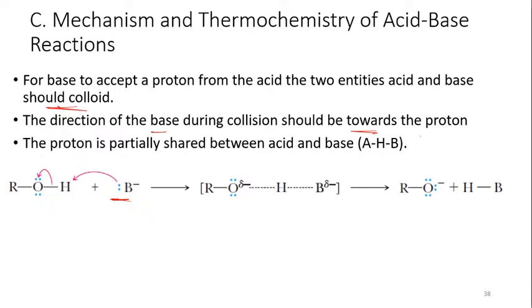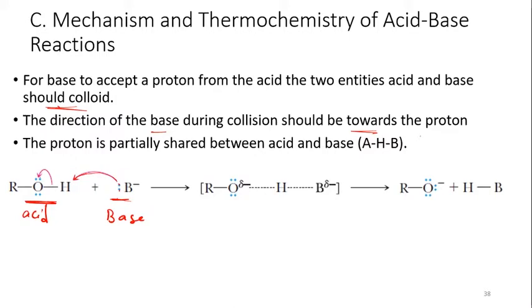If we look at the steps or the mechanism of the acid-base reaction, we can see that I have an acid reacting with a base, and here I have these two lone pair, non-bonding electrons that will move toward my acid, and this bond will move to the oxygen.